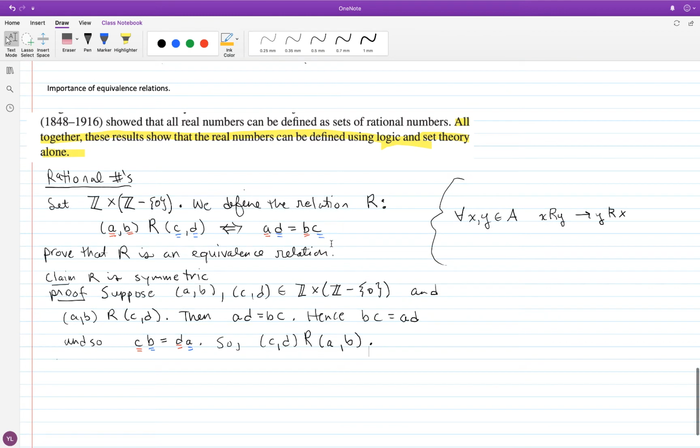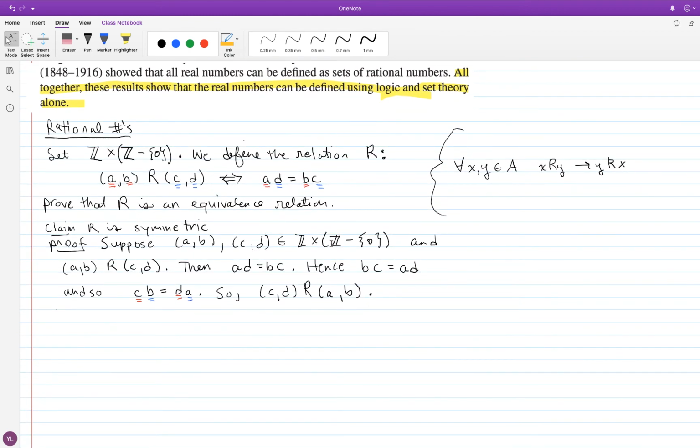Okay, so you can show, as I mentioned before, that this relation on the ordered pairs of integers is an equivalence relation. So you can set up the equivalence classes.